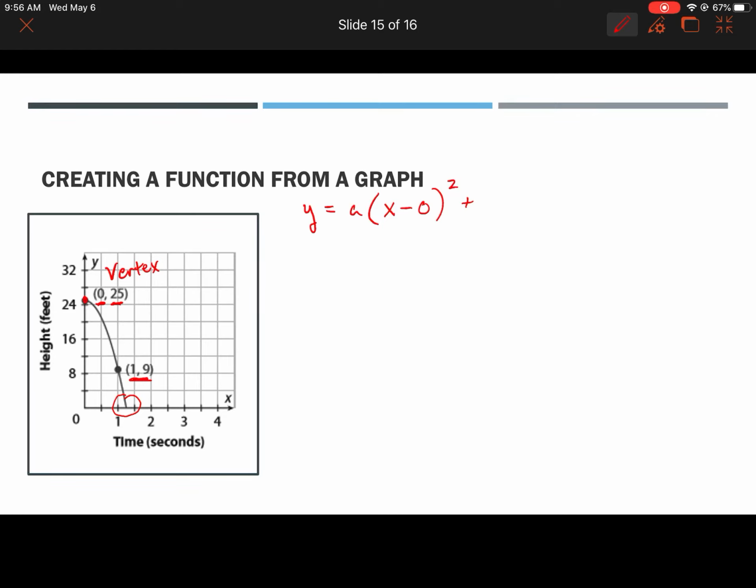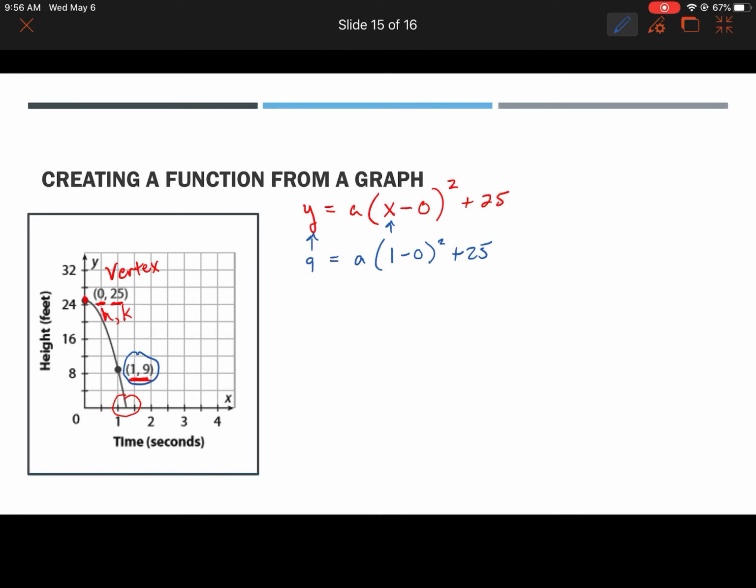So that's my k. This is the h and this is the k. So this is 25. Then we're going to set the other point, 1, 9. We're going to replace the y with a 9, and we're going to replace the x with the 1.